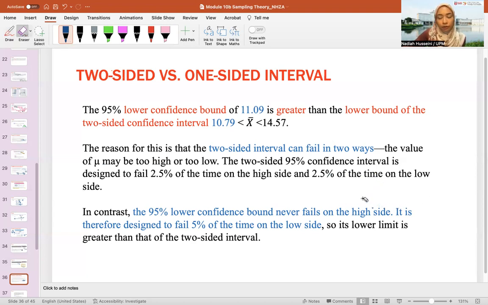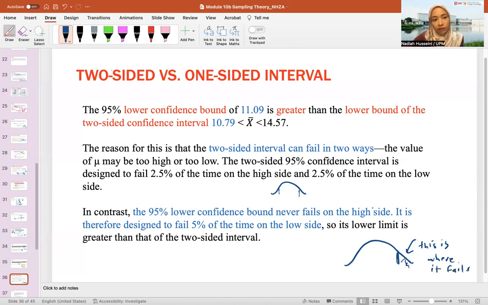This is different compared to the one-sided because you only fail on one side, because this is how you are designing that problem. For two sides, we have these two sides. For one side, you're just talking about this one. This is where the design fails.